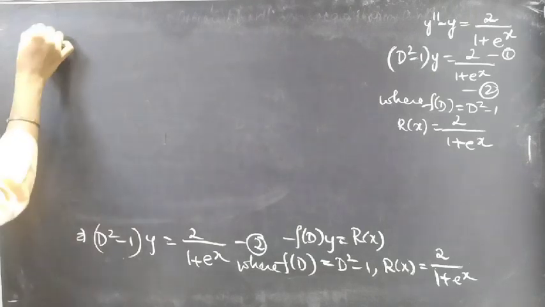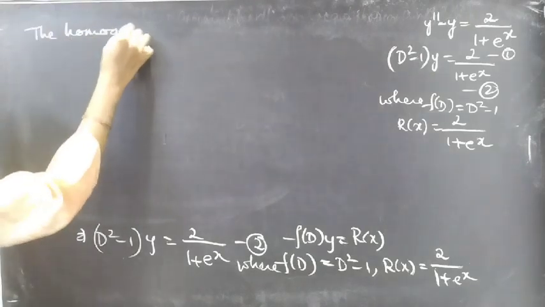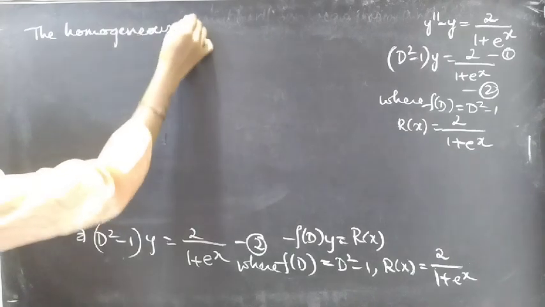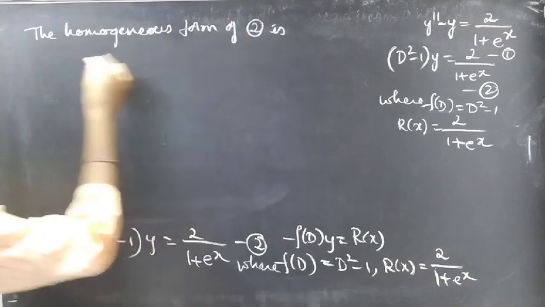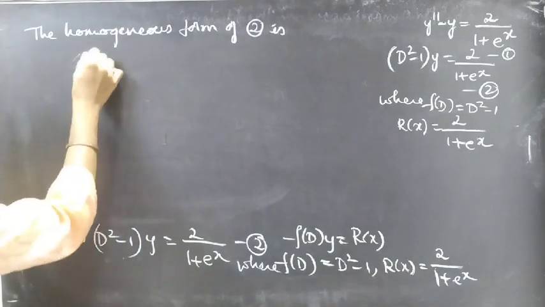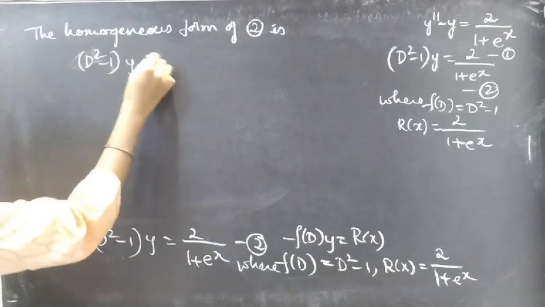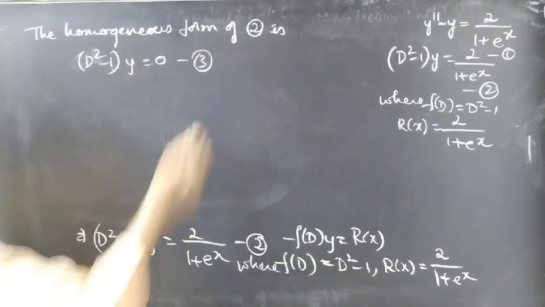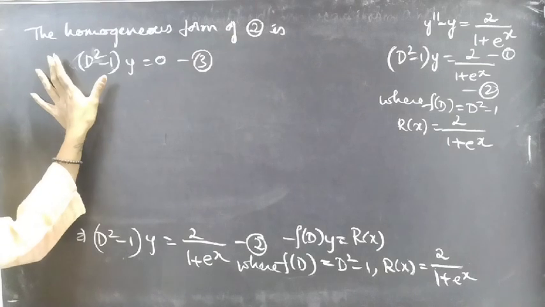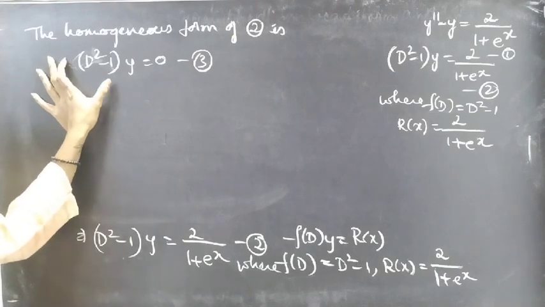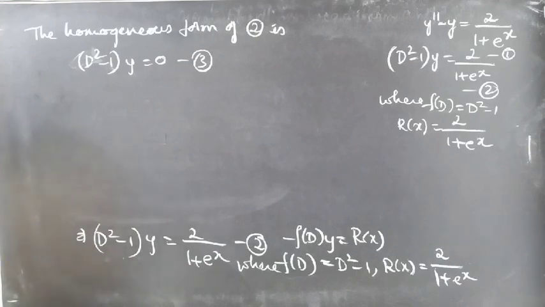The homogeneous equation of equation 2, or the homogeneous form of equation 2, is f of d, that is d square minus 1 into y equal to 0. Consider it as equation 3. Now we'll find the solution of equation 3 using the auxiliary equation, and later using the solution of equation 3 we will find the solution of equation 2 or equation 1.